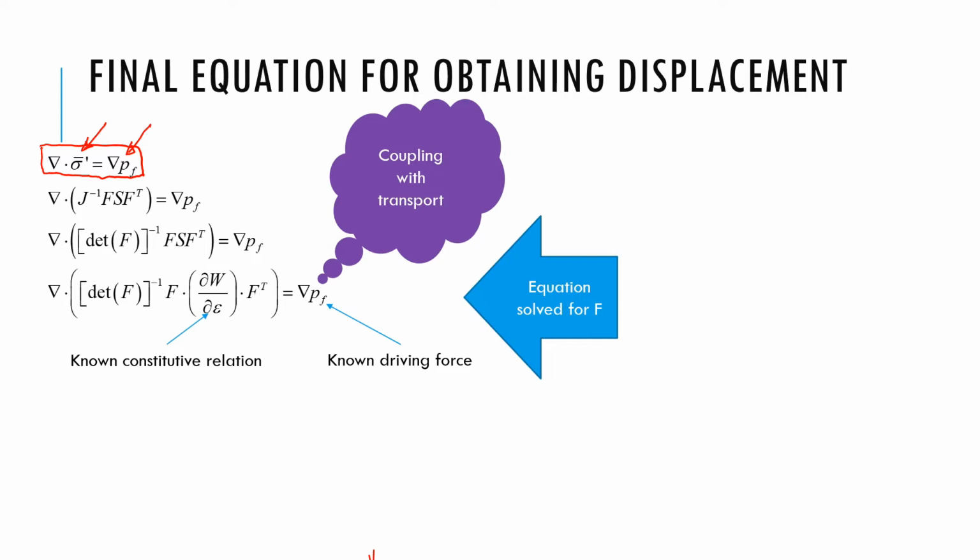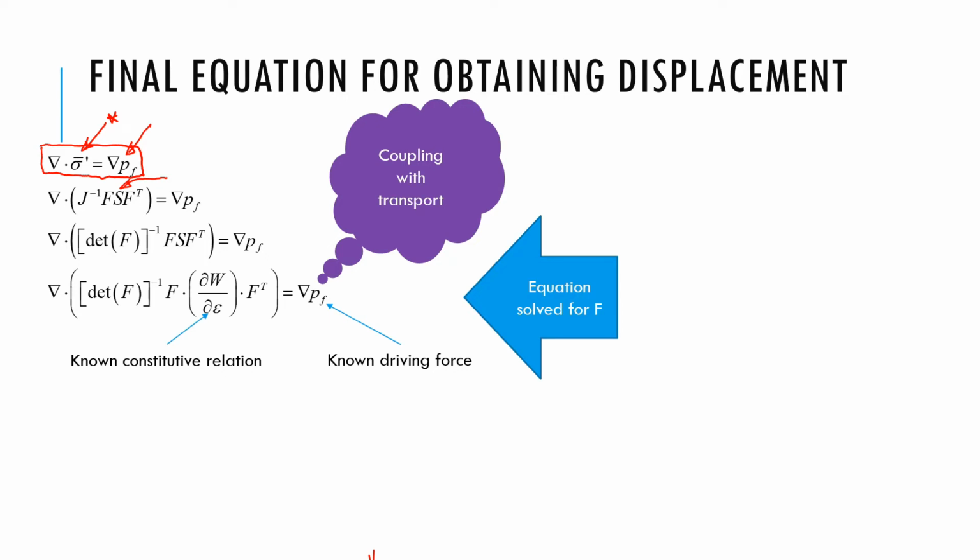Now this stress is transformed for reasons of computation and so on into another type of stress. This first one is called Cauchy stress, and this one is called Piola-Kirchhoff stress. But that's not the point.